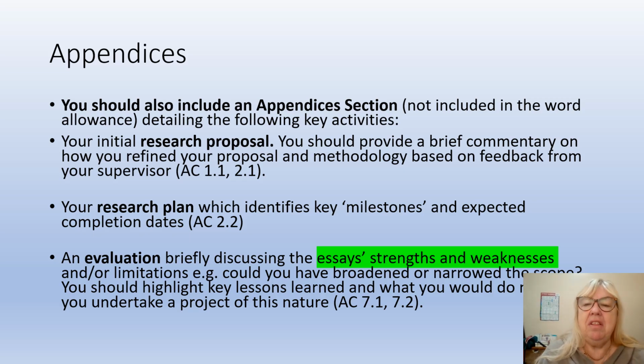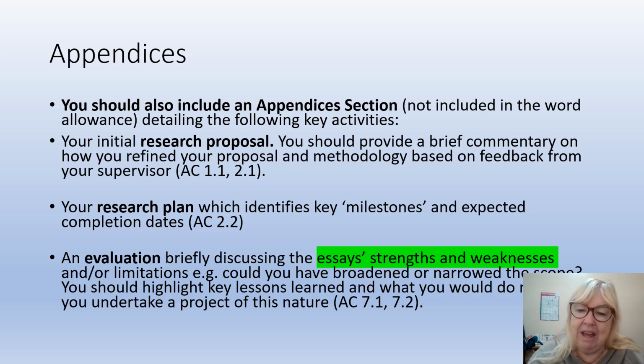Additionally, in appendices, the same as in briefing 1, you need a research proposal. A little brief commentary on how we refined your proposal, the sort of discussion that you had, hopefully with yourself, and the sort of methodology, how you worked it all out, just how you got your head around it, really.